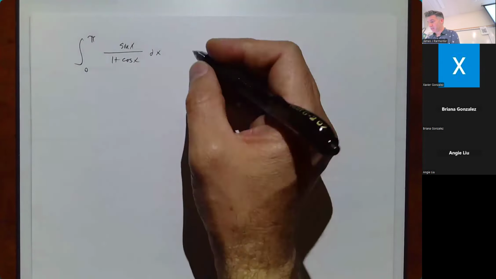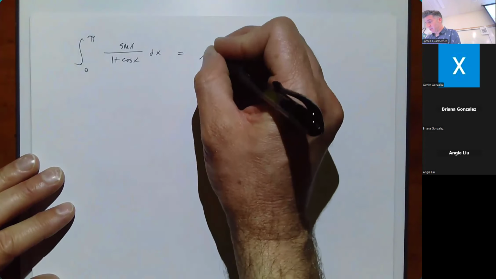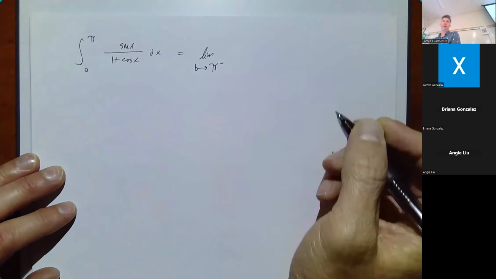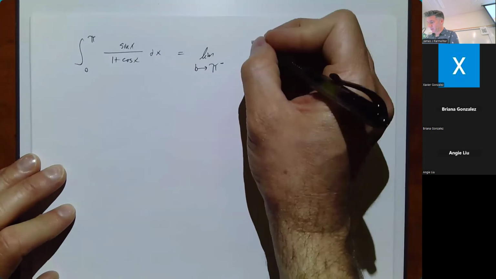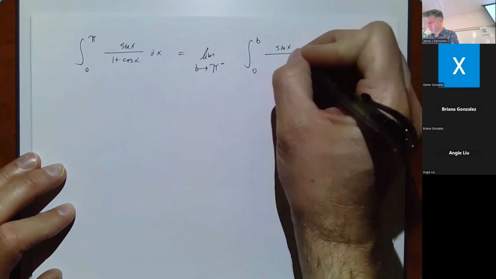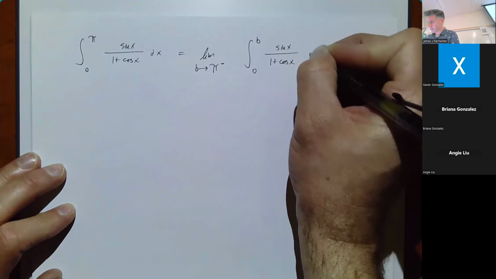So we're going to rewrite this as the limit as b approaches pi from the left-hand side of the integral from 0 to b of sine of x over 1 plus cosine of x.